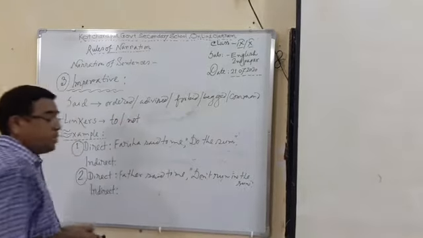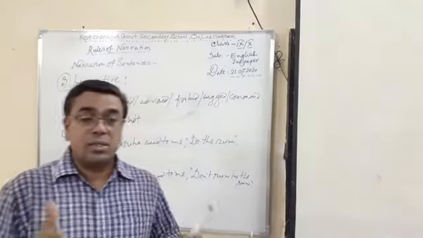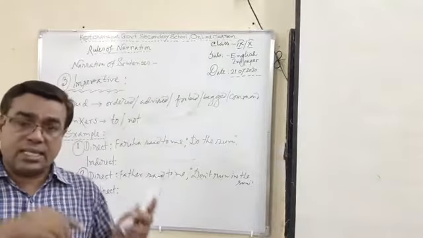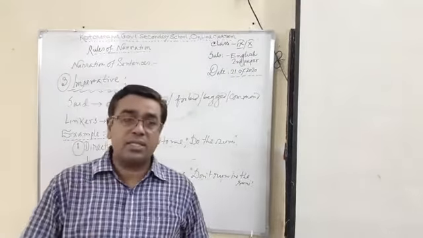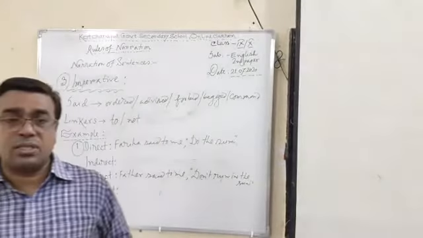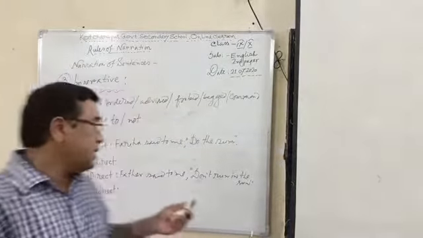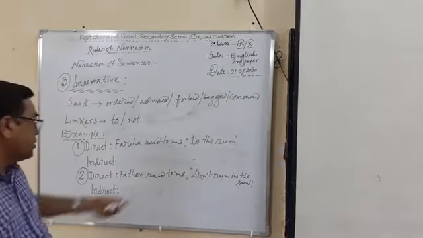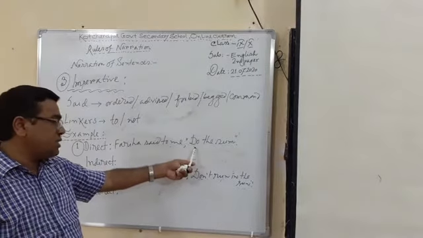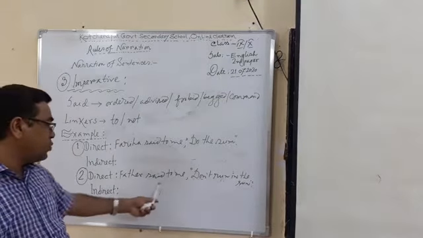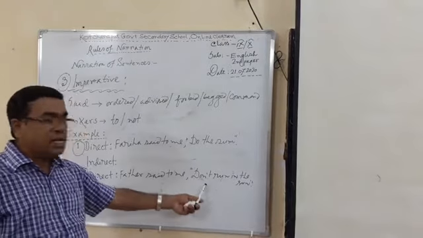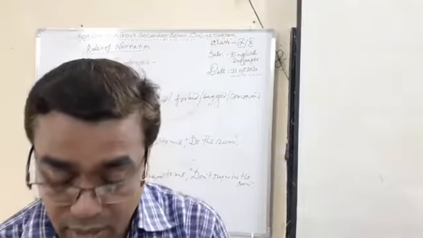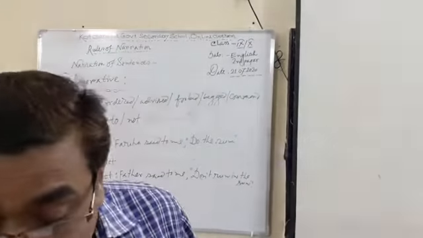If our imperative sentence is affirmative, we have to use to as a linker, and if our imperative sentence is negative, we have to use not to as a linker. Okay. Hariha said to me, do the sum. It has a main verb or principal verb. And father said to me, don't run in the sun. It is negative, so we have to use the linker and change said. Okay.